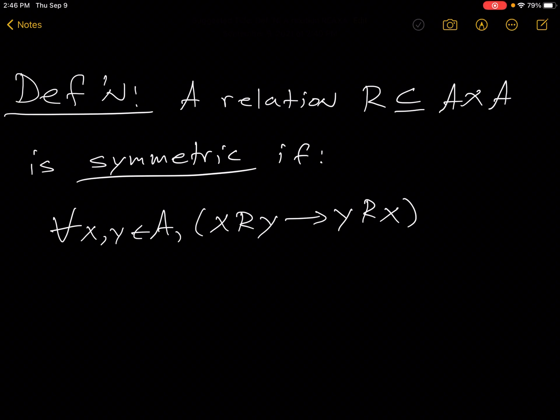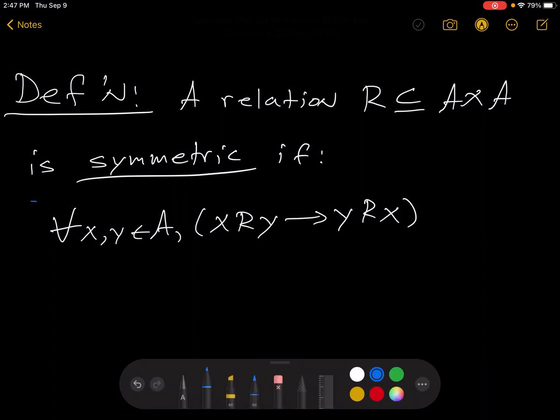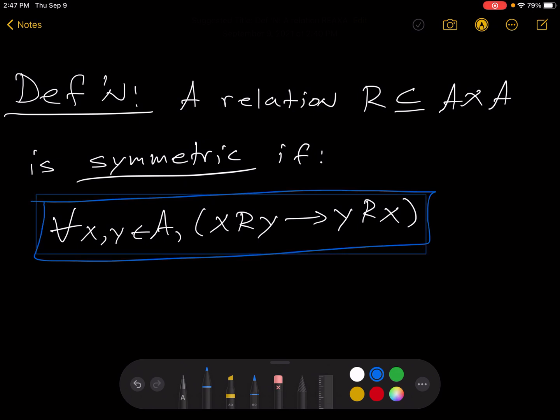A relation R subset of A cross A is symmetric if this statement is true.